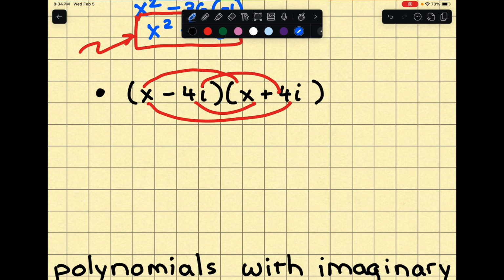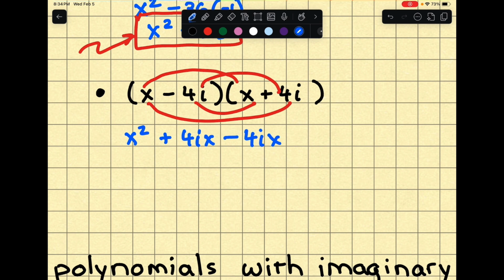Again, our first terms would be x times x, which is x squared. And then our outer terms will be x times 4i, so that's going to be plus 4ix. And then our inner terms would be negative 4i times x, so minus 4ix.